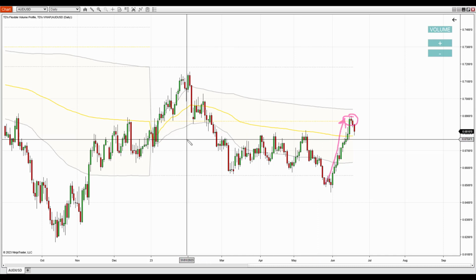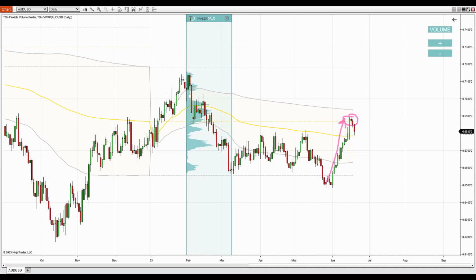If you look into this zone, then you can see that the price is currently reacting to this significant volume cluster, right? So the price is not turning just like that, but it's reacting to this.